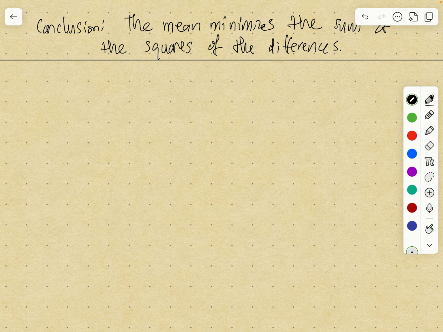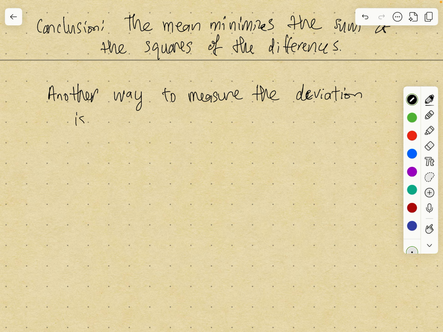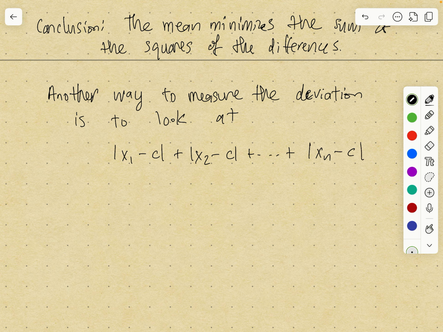So another way, instead of using the sum of the squares, is to look at, so you take the absolute value of x1 minus c and then add the absolute value of x2 minus c plus dot dot dot plus the absolute value of xn minus c.